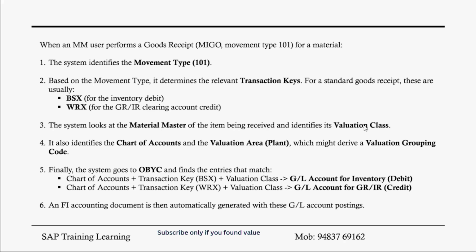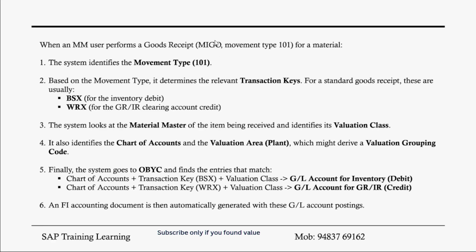Let's say, for example, you have one GL account for finished products, one GL account for raw materials, one GL account for trading goods, and one GL account for services. So you are categorizing the material based on the material type, and these details are stored in the material master.